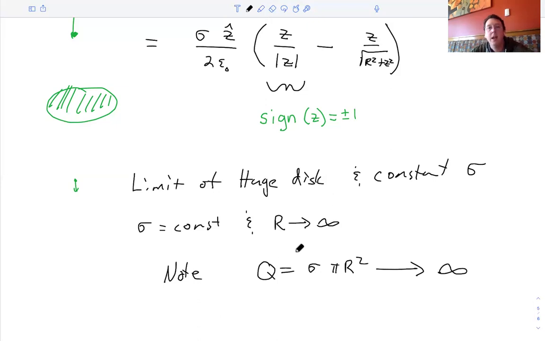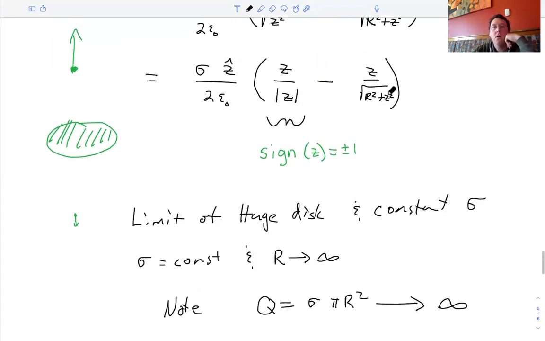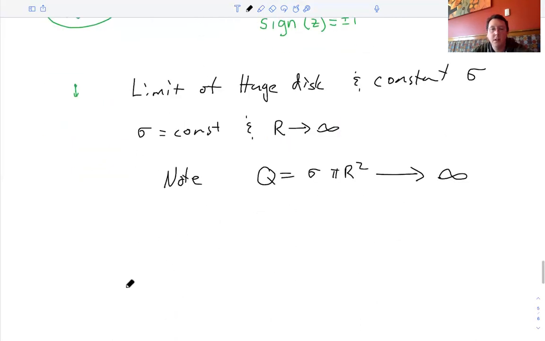Okay. And what we get is the following. In that limit, if we look up here at the formula, if R is big, the denominator gets big. This means the fraction gets small, and we're left with just the first term. What we get is the electric field for an infinite sheet equals sigma over 2 epsilon naught times z hat.